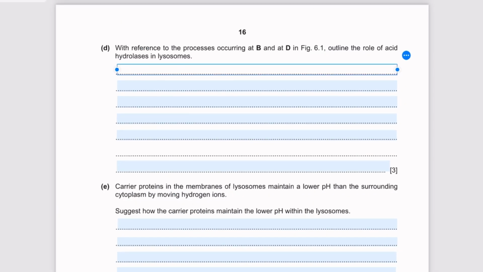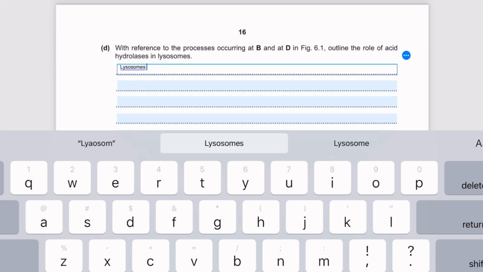Okay, so I would say lysosomes fuse with endocytic vesicles, releasing hydrolase enzymes, or just releasing hydrolases, which break down the pathogen or bacteria or whatever.